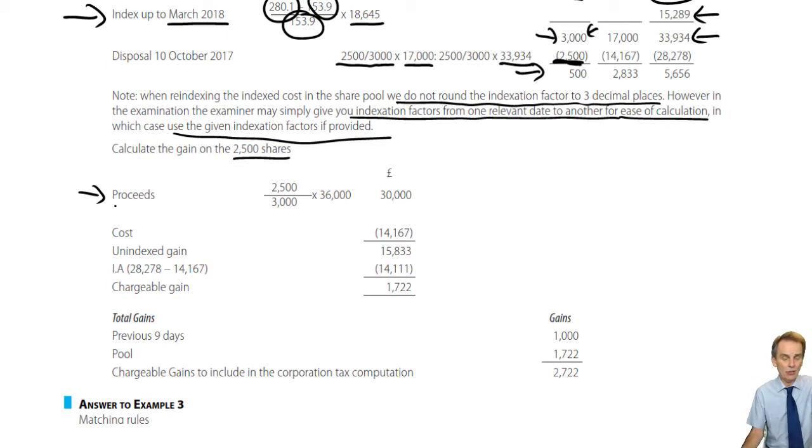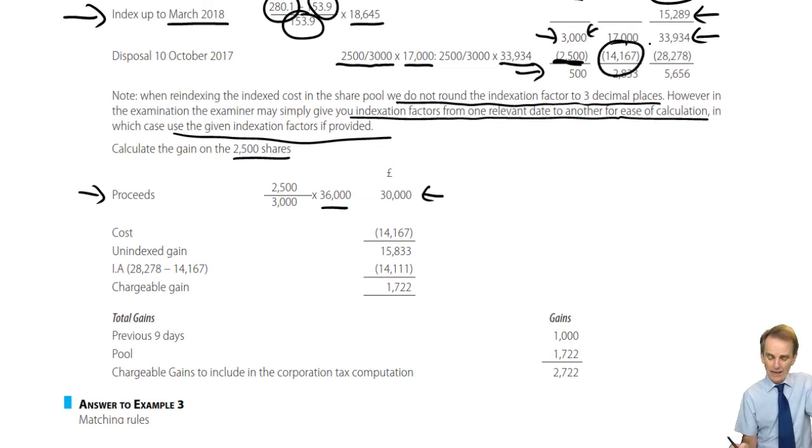There were 3,000 shares that were sold. 2,500 over 3,000 times proceeds of 36 would appear to be £30,000. What was the cost? There's the cost in your cost column on your share pool. In it goes. And so we get unindexed gain.